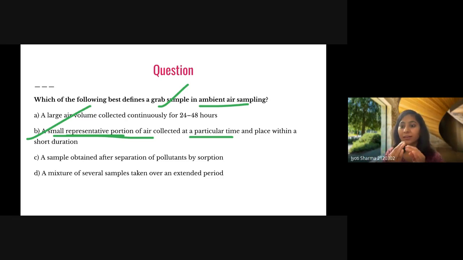We can collect that air. So what is the advantage of grab sampling over different types of methods? Can you write in the chat box in very simple words? We can collect the air by different methods, and one of the methods is grab sampling. What is the advantage of grab sampling over the different methods that we already mentioned, like the absorption in liquid, adsorption on solid, and freezing out sampling?